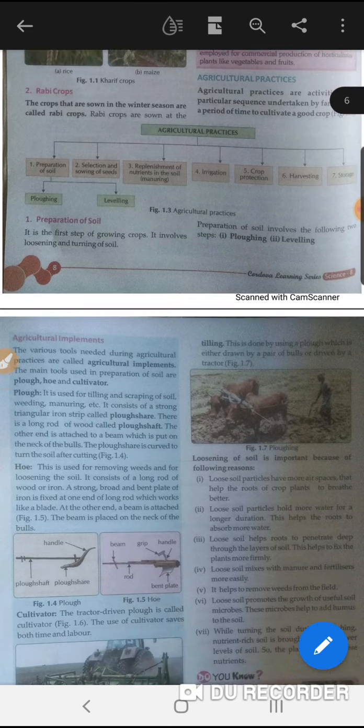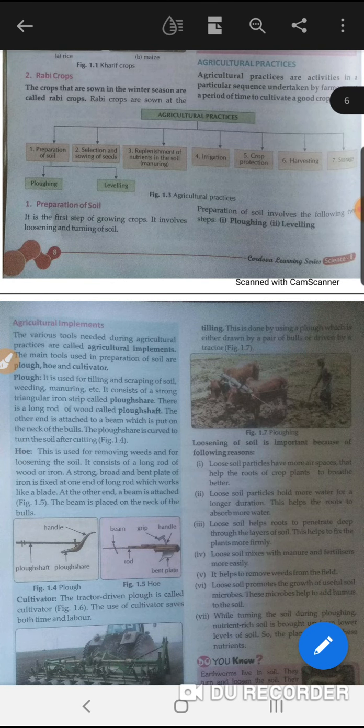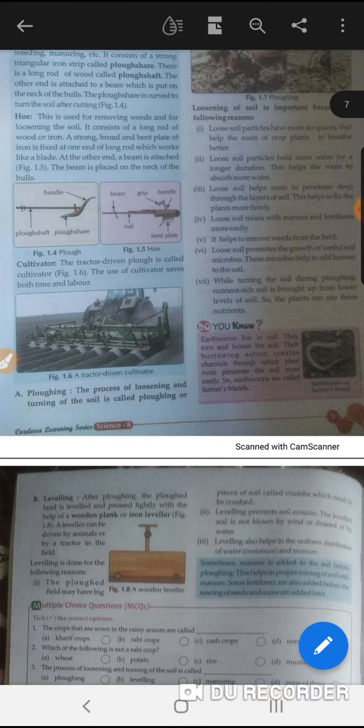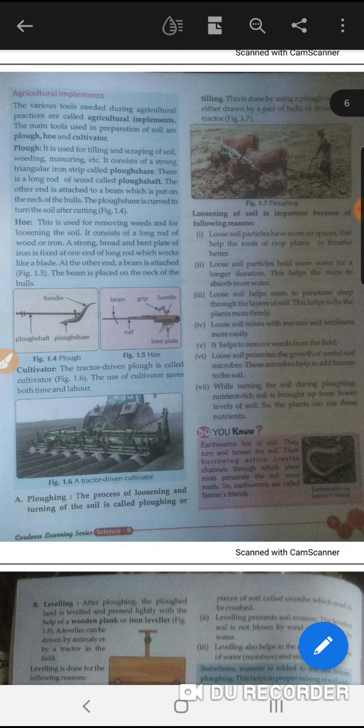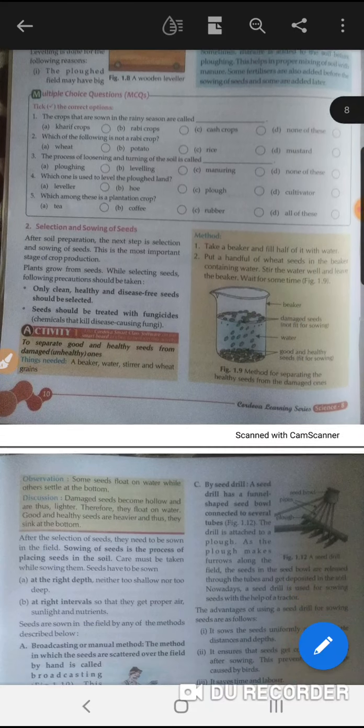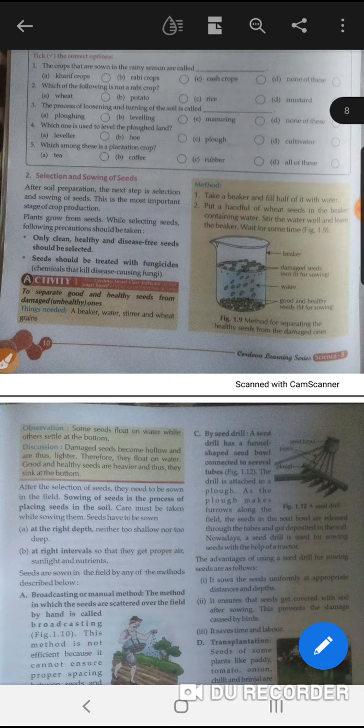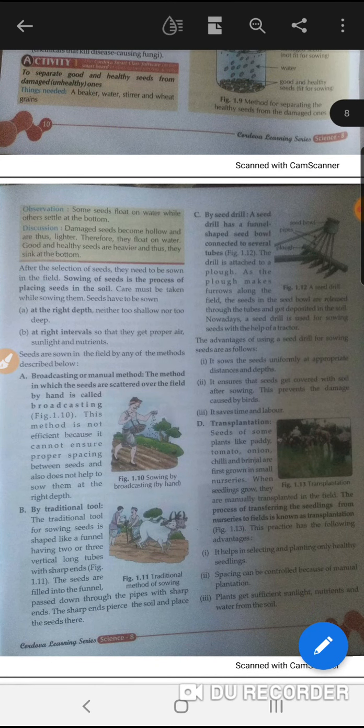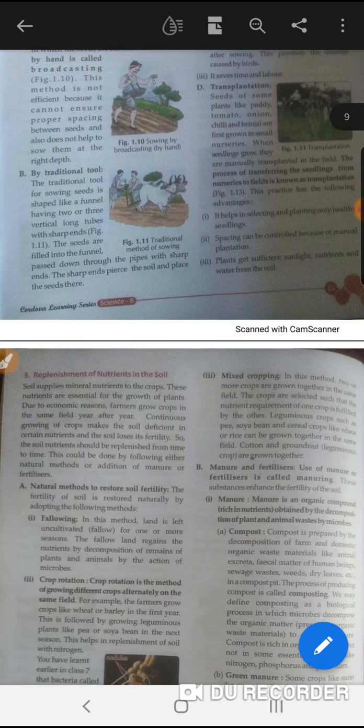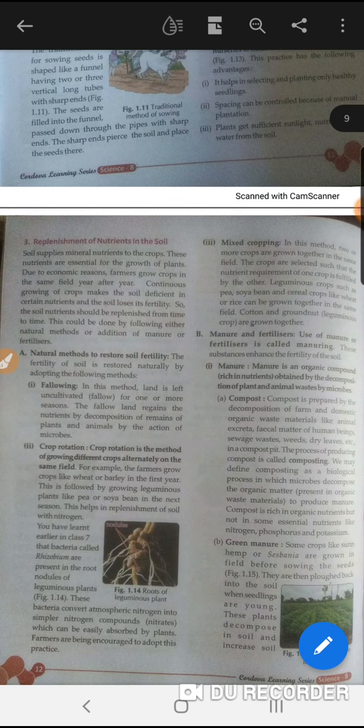In that, we included preparation of soil, its advantages, leveling, and selection of seeds. For selection of seeds, there are two ways: traditional and using a seed drill. After that, how nutrients can be replenished into the soil. These points we finished in our previous class.